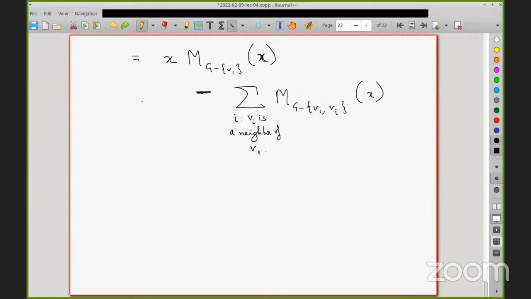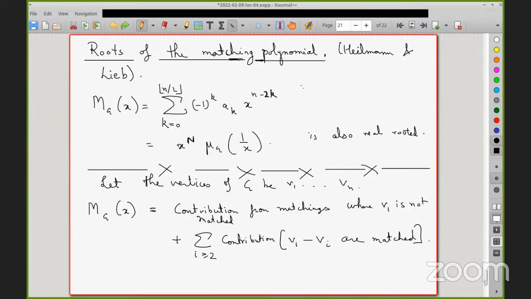Is this derivation something general, like what you do for generating functions? Exactly. So this can be done in a lot of cases. You can do this for almost any graph polynomial.